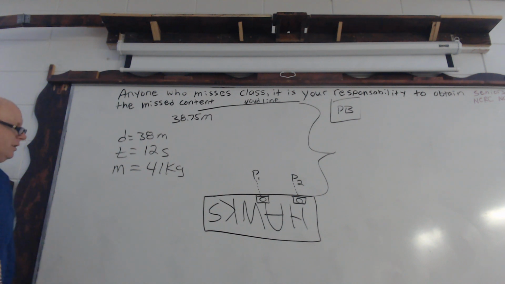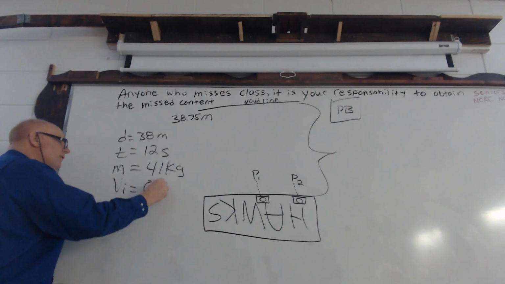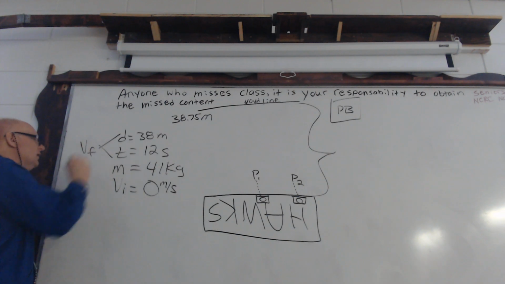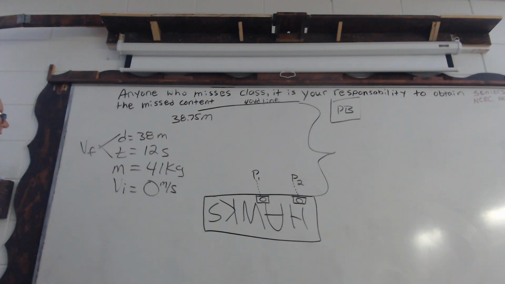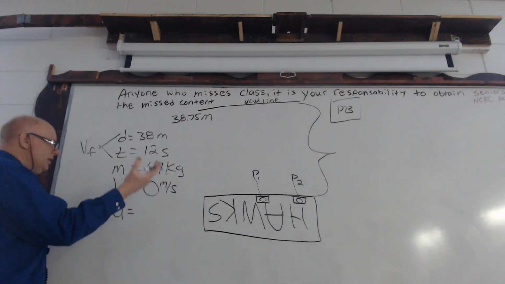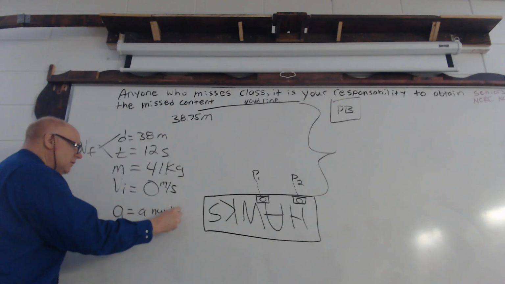It is 0. So we do know the initial velocity. With these two, we find the final velocity. Then with that, we can solve for acceleration, which I'll just say a number from calculations.